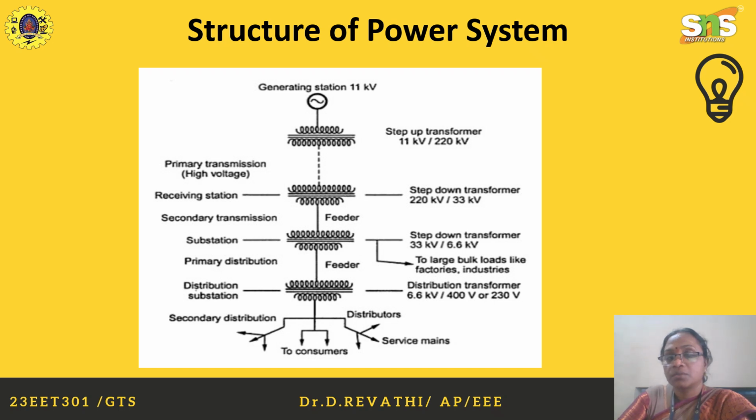Normally we, the end users and consumers, use 230 volt. For three phase, we use 400 volts. The industry people use kV voltages, so they use 6.6 kV or 33 kV. Like that, power is distributed from the generation to the end users. This is what we call the structure of the power system.